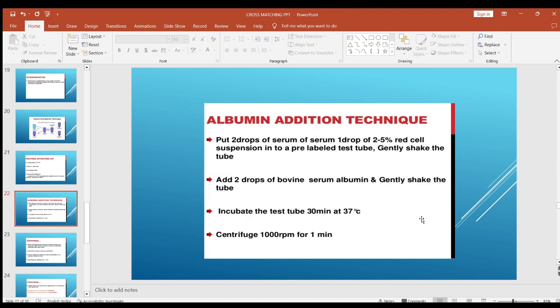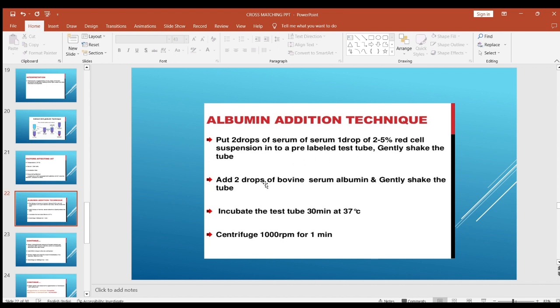Next, we'll move on to the albumin addition technique. In this technique, put 2 drops of serum and 1 drop of 2 to 5% red cell suspension in a pre-labeled test tube. Gently shake it well.